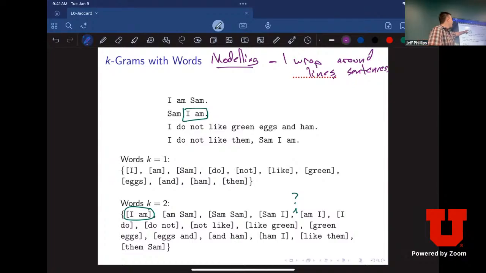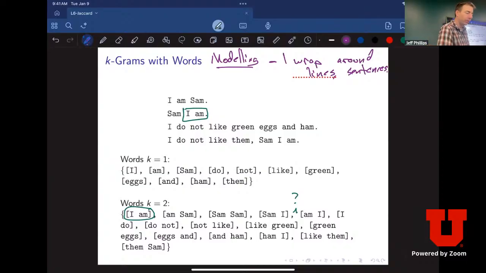I am Sam I am, I do not like... I kind of blend the sentences together. I have am I. Usually if I have am I, I'm asking a question, like am I hungry today? But I see that in the document because it's wrapping around the sentences. Maybe it's not good to span these across the boundaries of the sentences or the lines. This was a modeling choice.